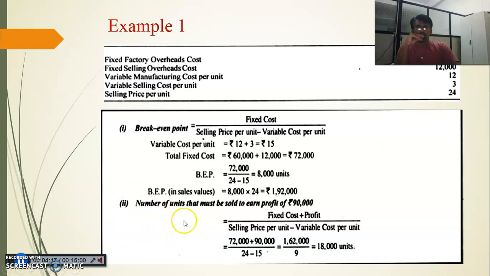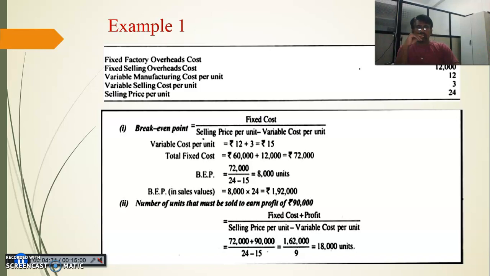Now the number of units that must be sold to earn the profit of 90,000. Suppose this additional exercise we are required to carry out, that the company requires a profit of 90,000.